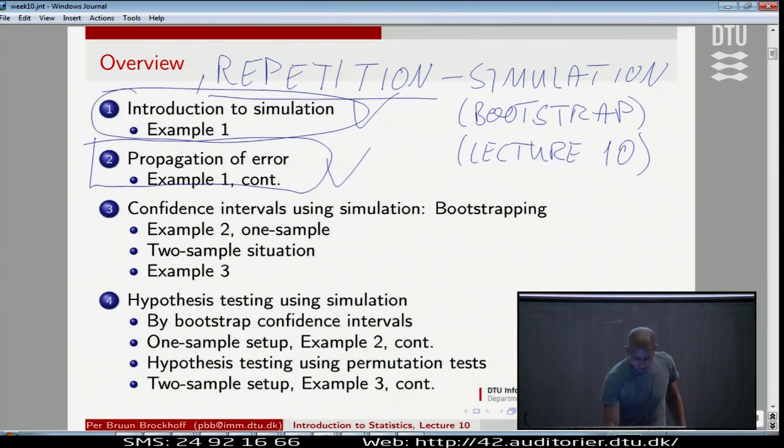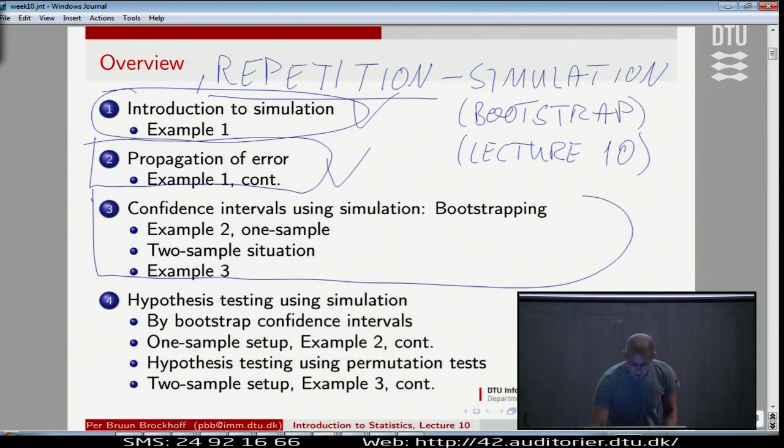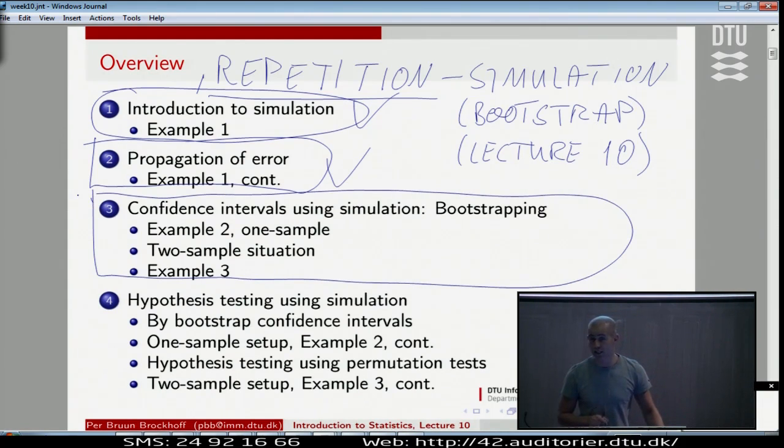The second part of last time was the statistics part. We learned that we could do confidence intervals by doing simulation, by having the computer resample our own sample again and again, reusing our own data to emulate what kind of noise structure is there in our data.